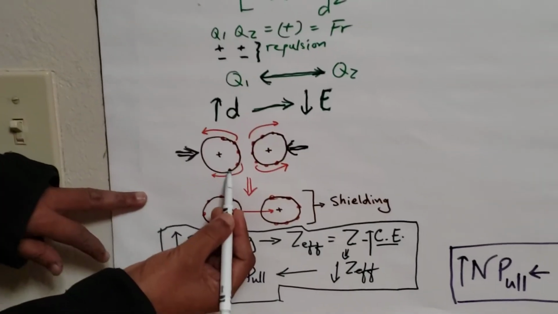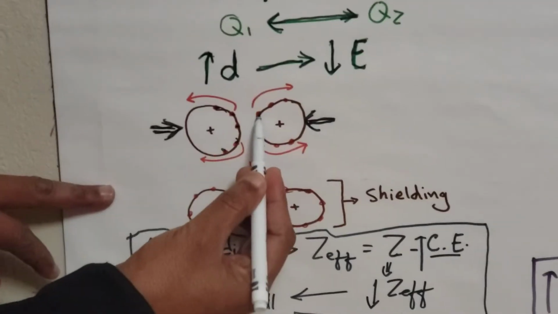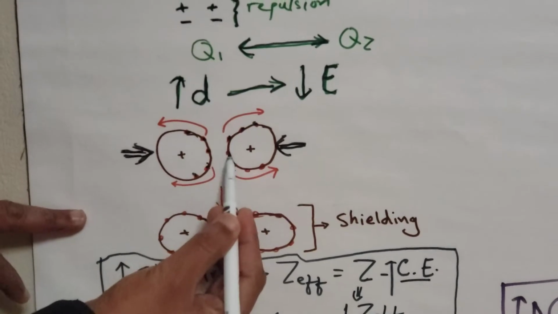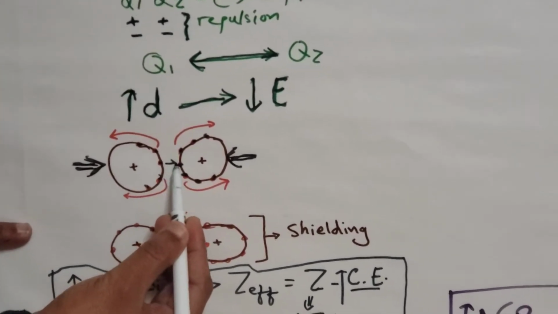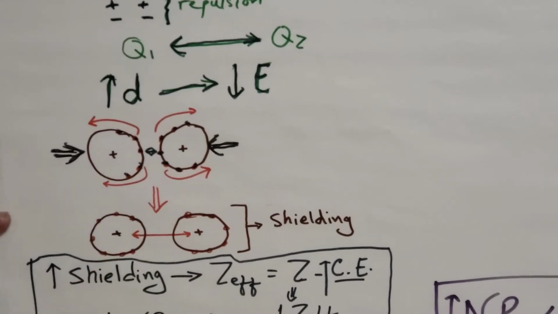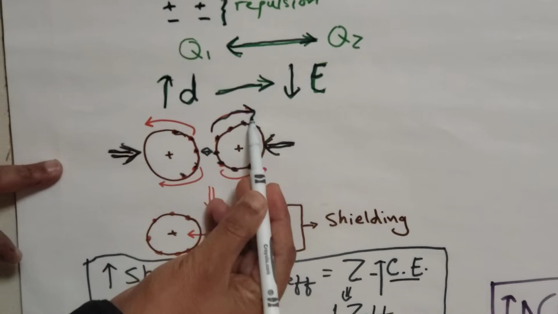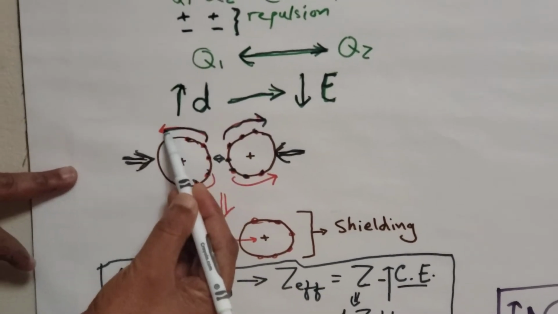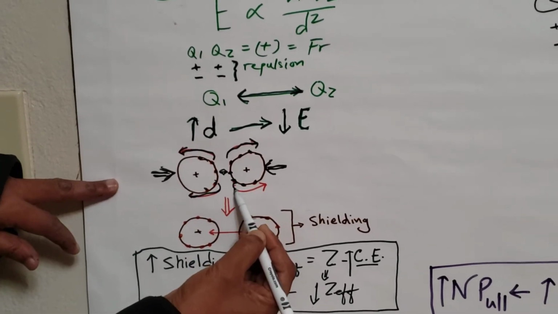The electrons located in this region will repel, and because of this repulsion, the electrons will redistribute. They will go away from each other.